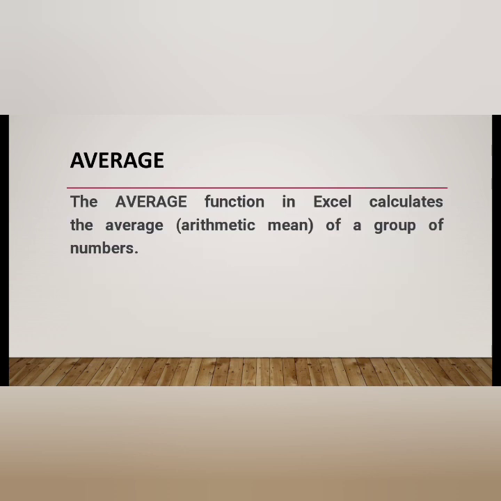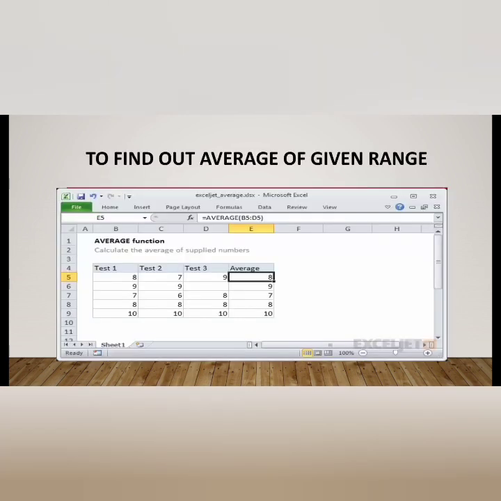Second is average. The average function in Excel calculates the average, that is the arithmetic mean, of a group of numbers. That is, the average function returns the average of the range values. Here is the worksheet which shows the average of the given range.